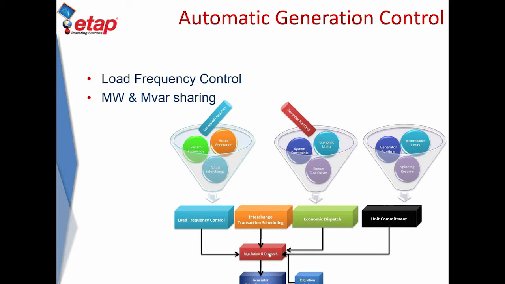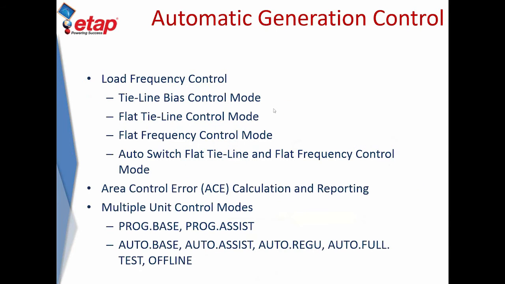The operator then has a choice to either allow the program to automatically control the system. So ETAP can send the dispatch directly to the generators, or it can act in an advisory mode. And we'll see the capability in the viewer where you can see where the switch can be made between supervisory and advisory control.